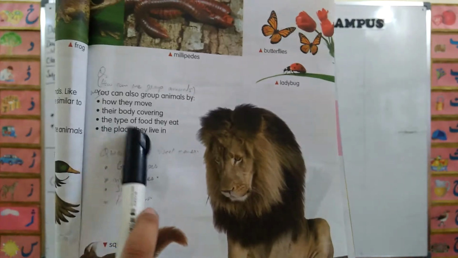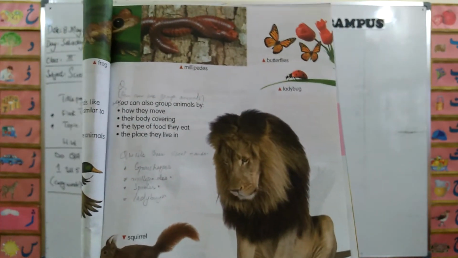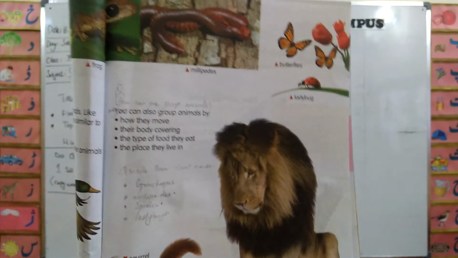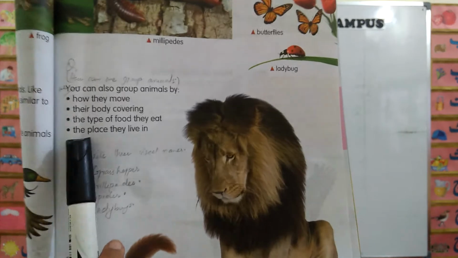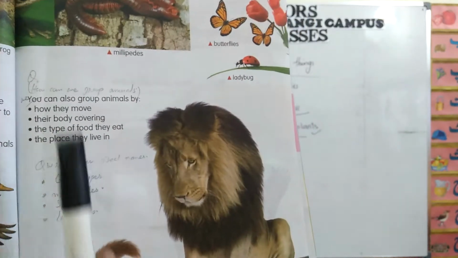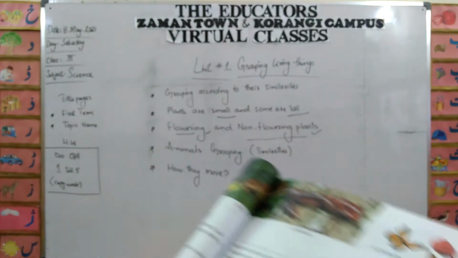Number 3, the type of food they eat. If they eat similar food, we can group them in the same group. Number 4, the place they live in. If they live in the same place, we can make a group of those animals.